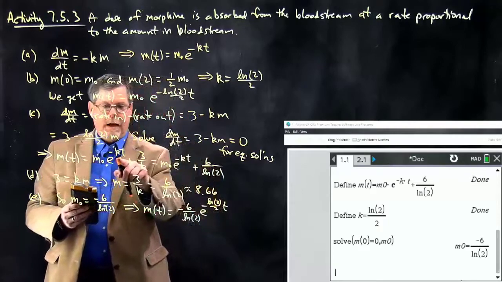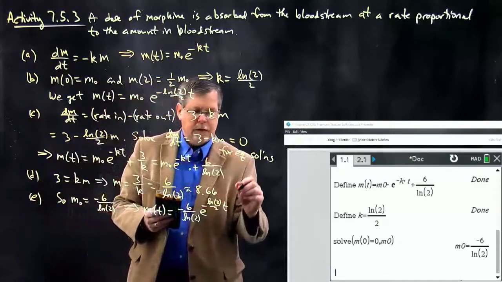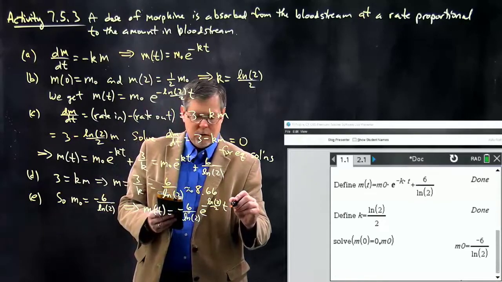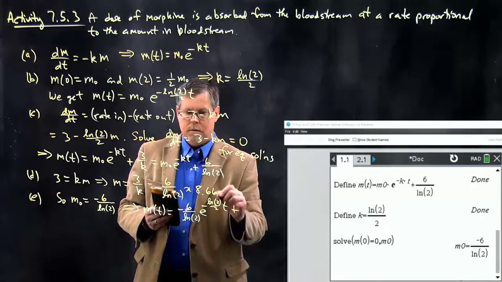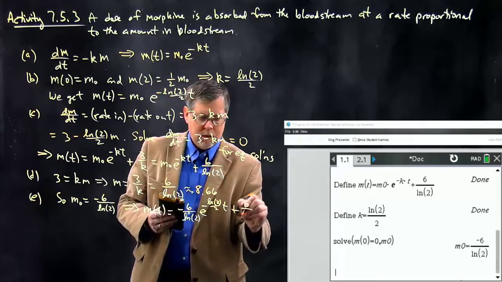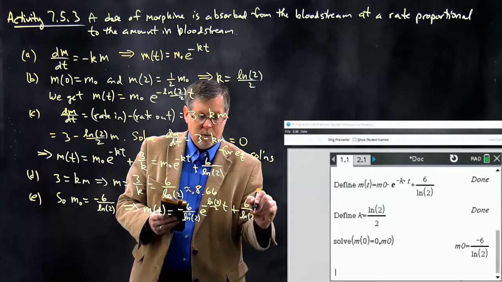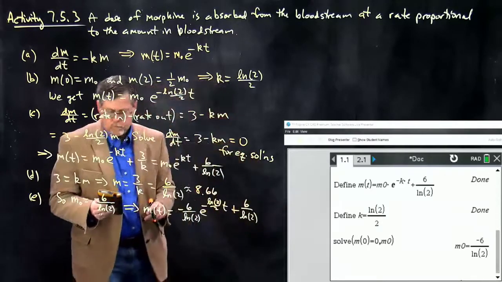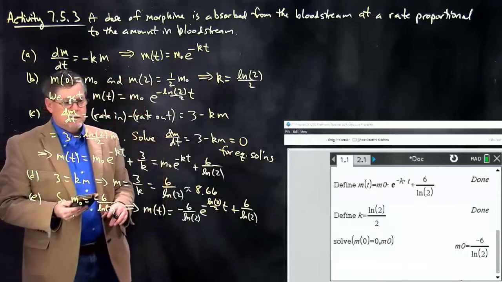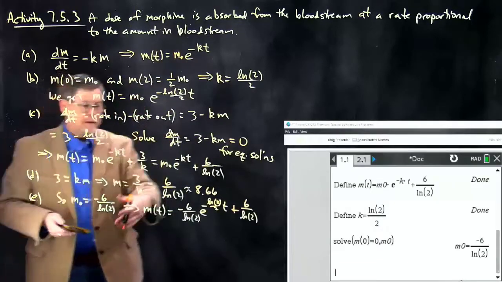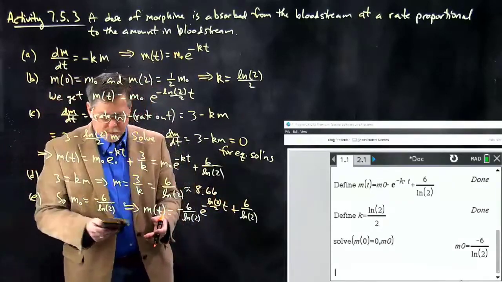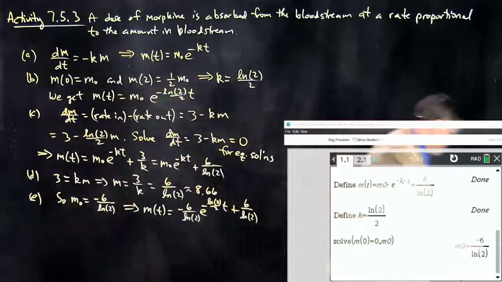Okay, so I've got that, and then this piece here is going to be plus 6 over log 2. All right. So now we kind of have everything we need to know about this function, and we can start to describe its behavior.